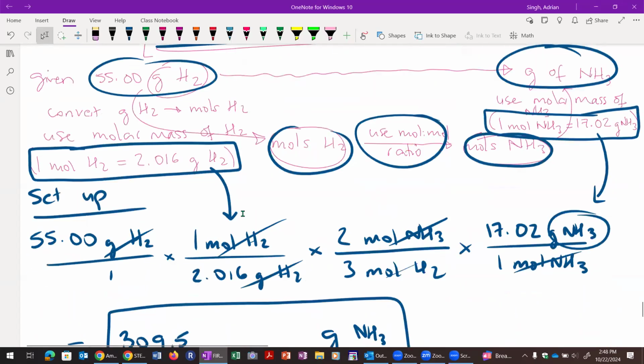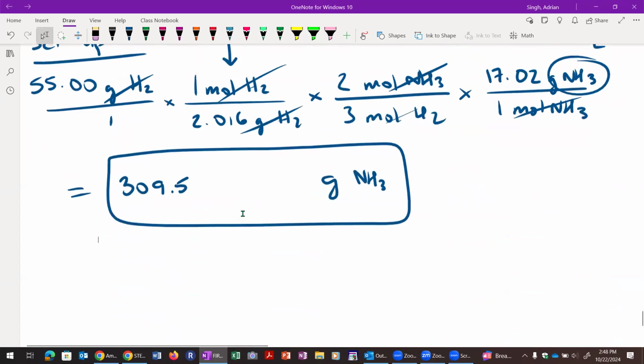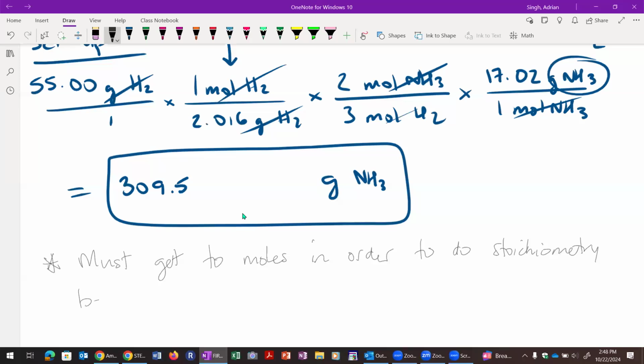In order to do stoichiometry, I'm going to write this down: in order to do stoichiometry, you must get to moles, because the balanced equation gives you a mole to mole ratio. So only then can you use the balanced equation, right? So you have to get to moles.